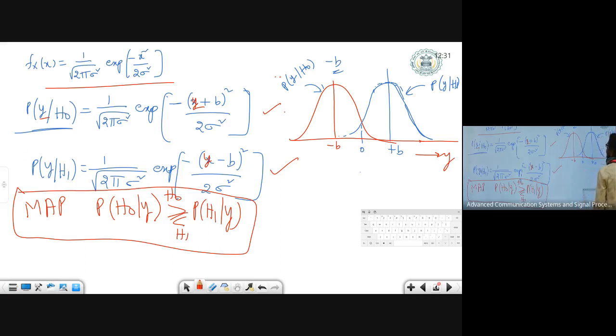What does it mean? Suppose I consider this probability density function, I'll explain what this means. To be frank, it won't go to zero indefinitely over here; instead, it will go to zero somewhere after this. If I calculate the area under this curve, it will give you the probability of receiving y whose value is less than minus b.